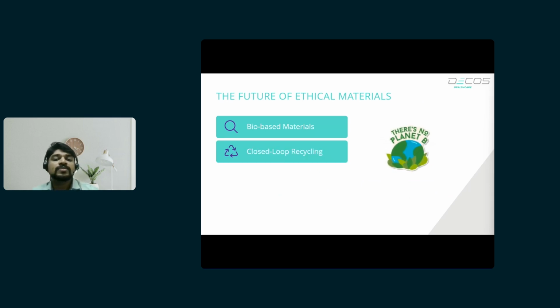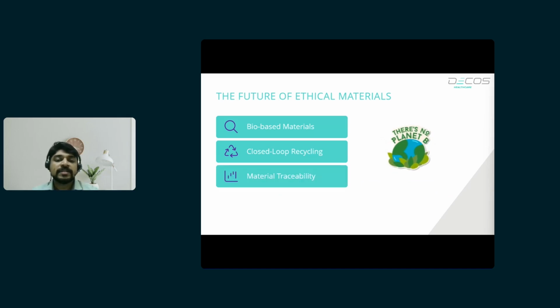The second is closed loop recycling, which takes center stage. Advanced recycling technologies enable the recovery and reuse of the material at its molecular level. This creates a circular economy where materials are continuously cycled back into new products, and it minimizes wastage.